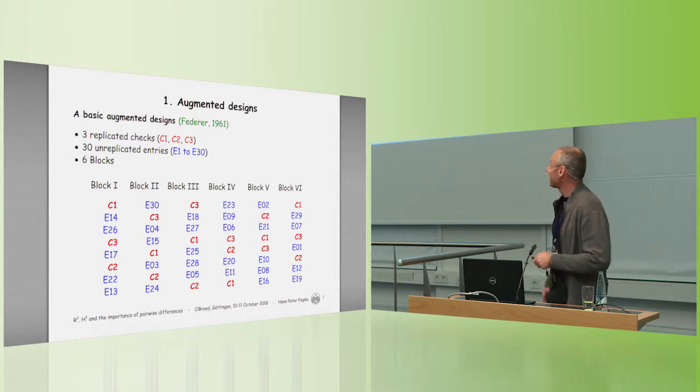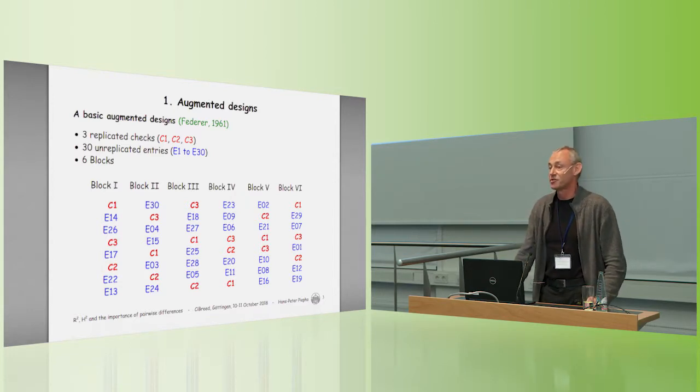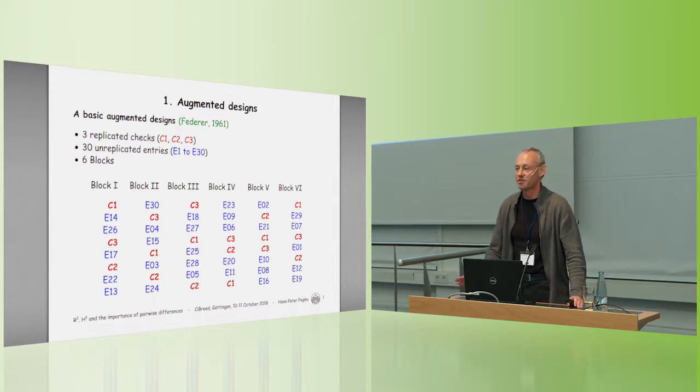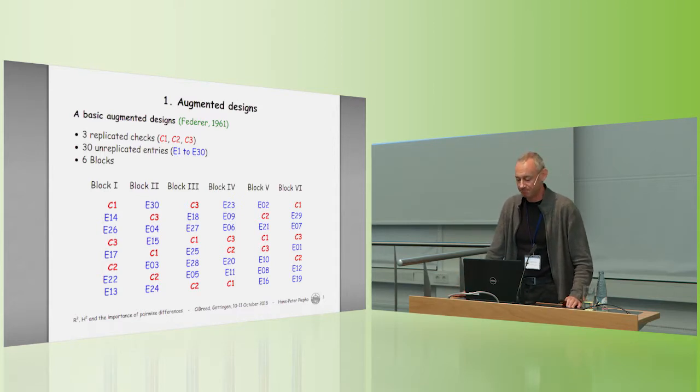And the idea here is that you can use the checks to estimate the block effects and make adjustment for block effects, for fertility gradients in the experimental field. And you can use them to come up with an estimate of the error variance, which you can then use to characterize the precision of the trial, compute standard errors, compute heritability, and the like.